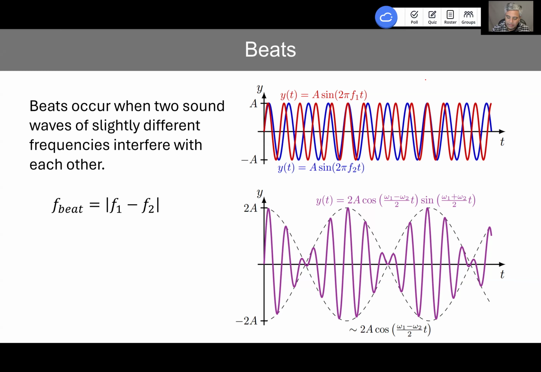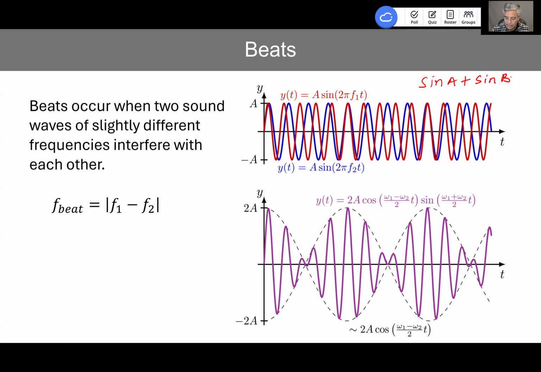I don't know if you are familiar with this trig identity, sine A plus sine B, and that comes out as something like this. This is basically an identity. That means we are adding one sine function and another sine function here, and when we add them and do a little algebra using that identity, we can get this.